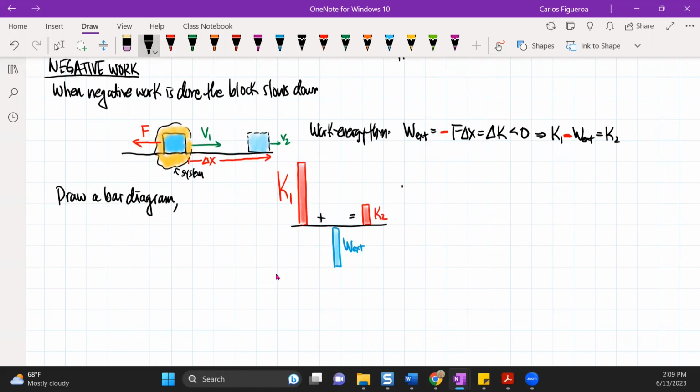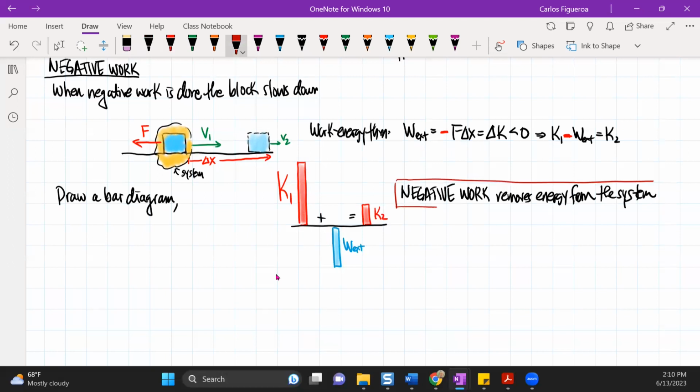So negative work removes energy from the system. So that's our review of what we mean by positive and negative work.